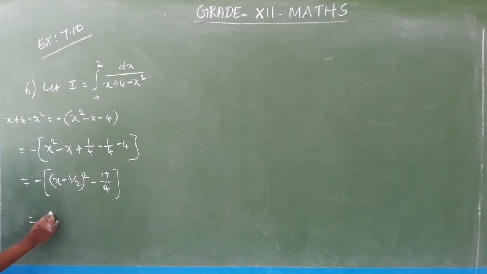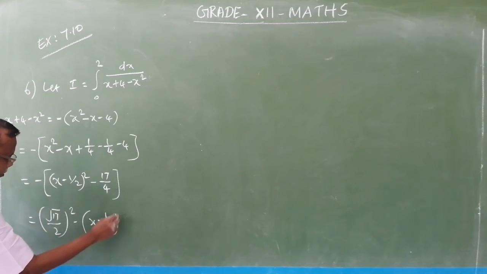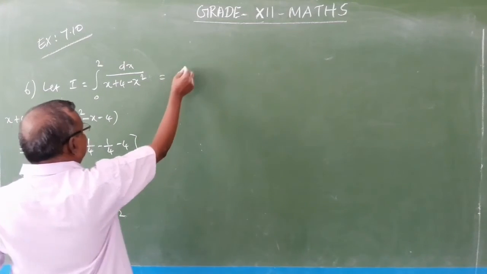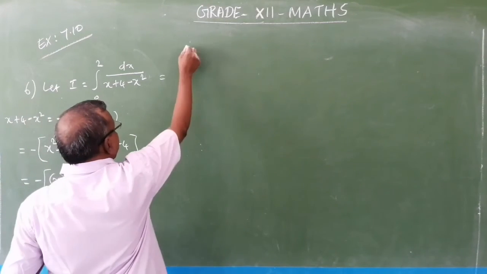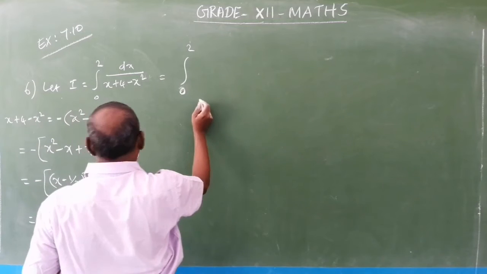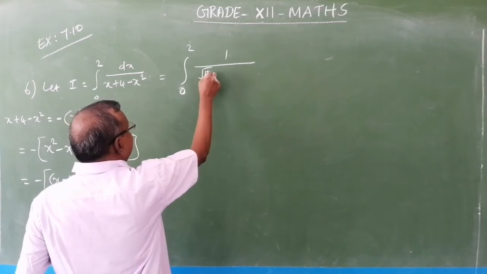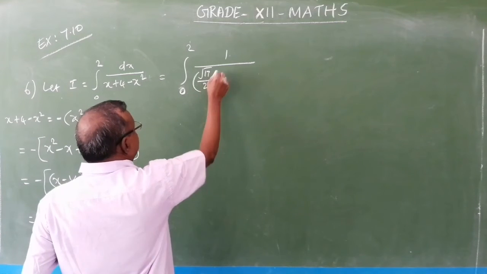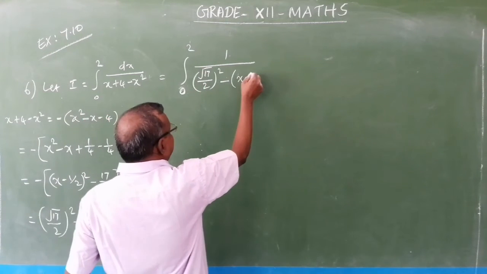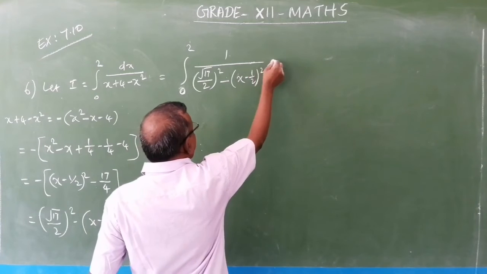This is equal to root 17 by 2 the whole square minus x minus 1 by 2 the whole square. So I can be written as the integral from 0 to 2 of 1 by root 17 by 2 the whole square minus x minus 1 by 2 the whole square into dx.